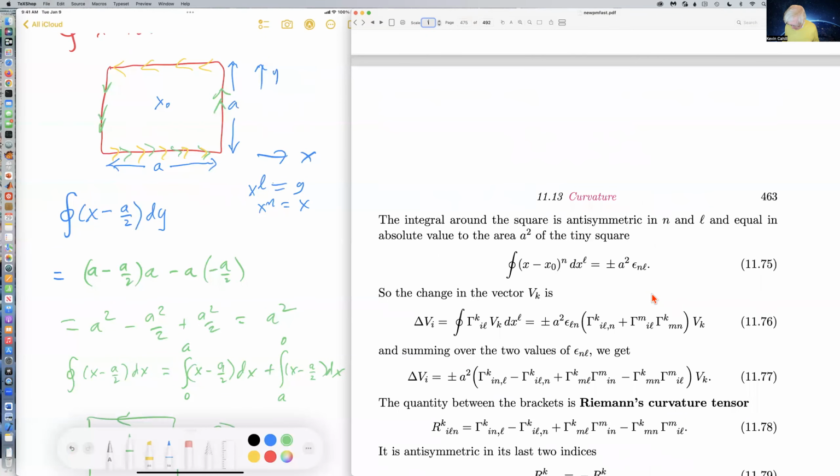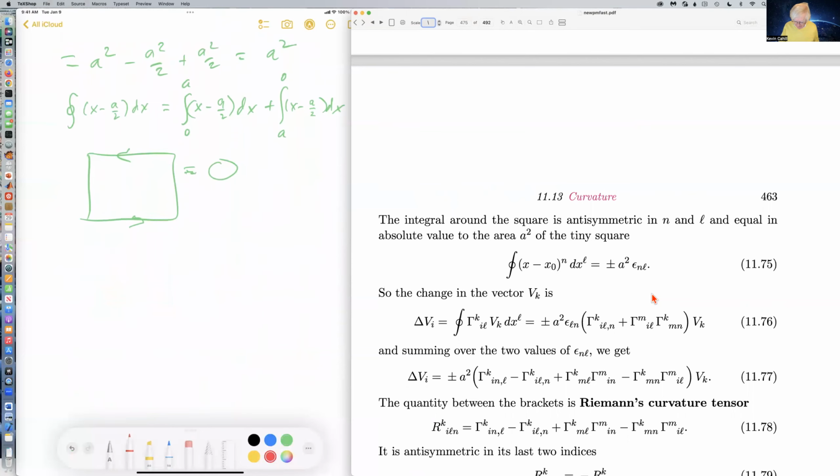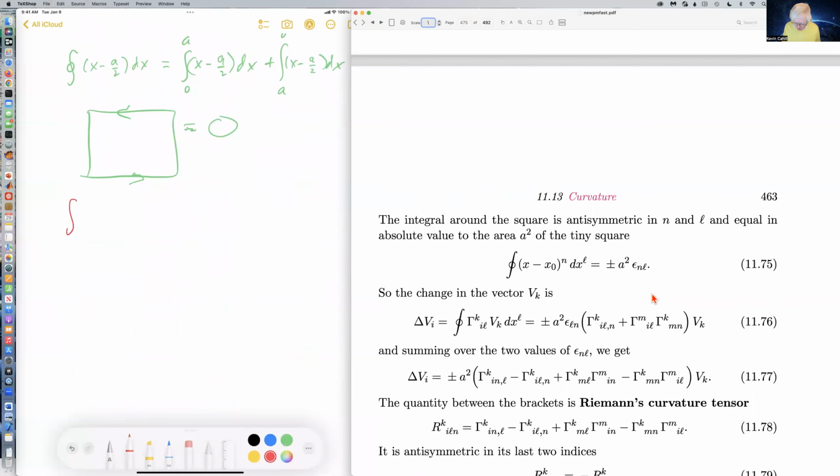I'm going to switch back now to maybe red. And instead of doing the xy integral, I'm going to do the yx integral. So (y minus a over 2) dx around.